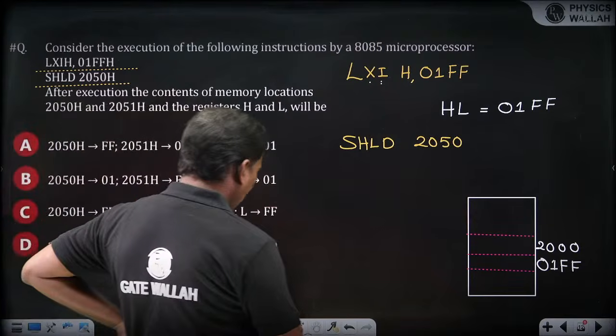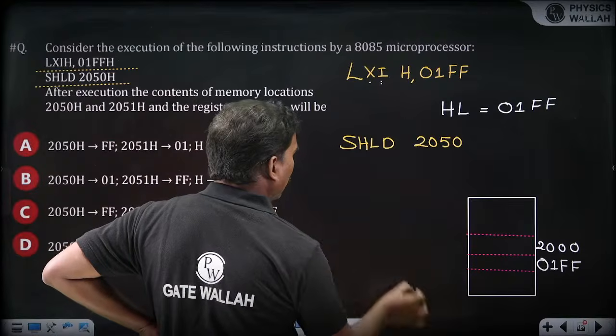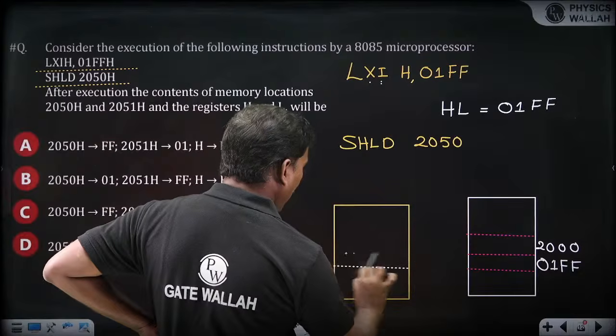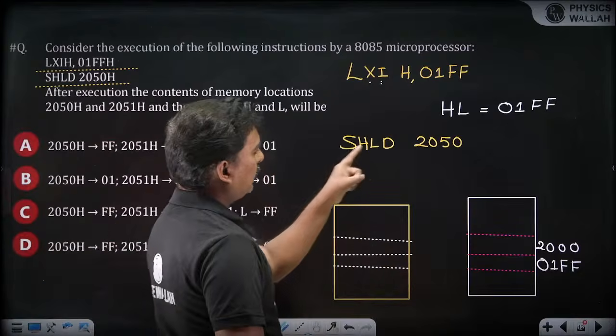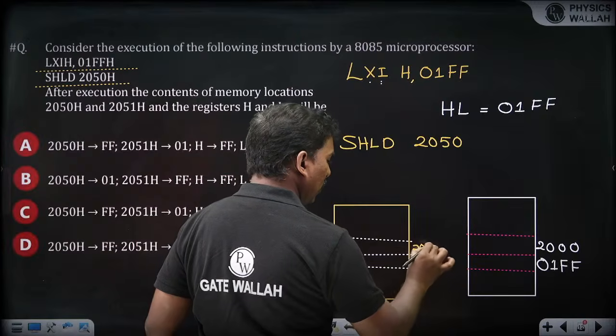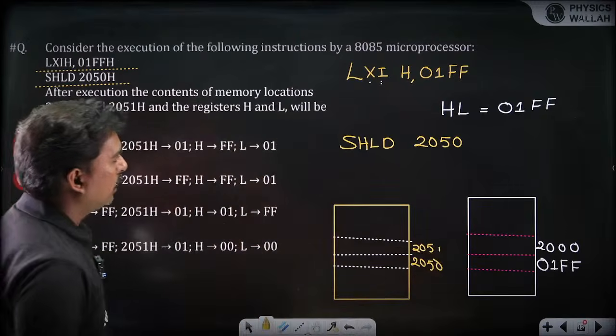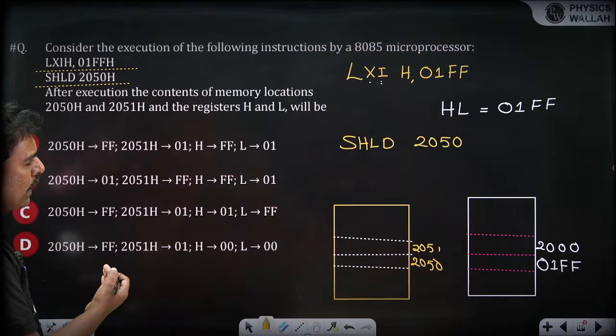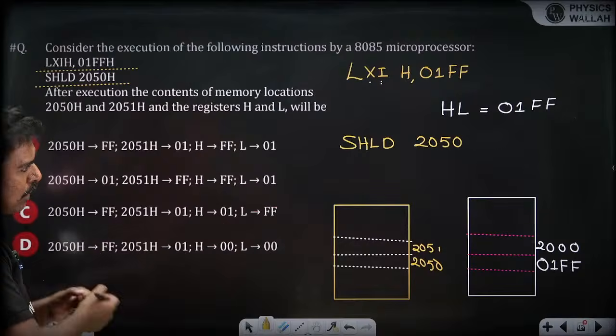So again I will go to memory location 2050. This is 2050 and this is 2051, since SHLD means double. Now we have to store the contents of HL into the 2050 memory location.